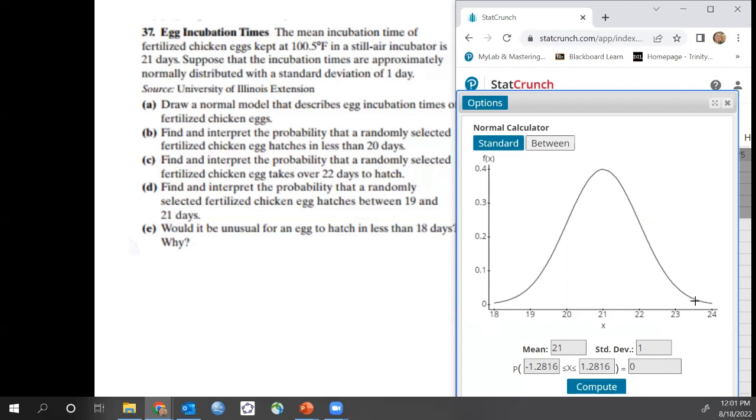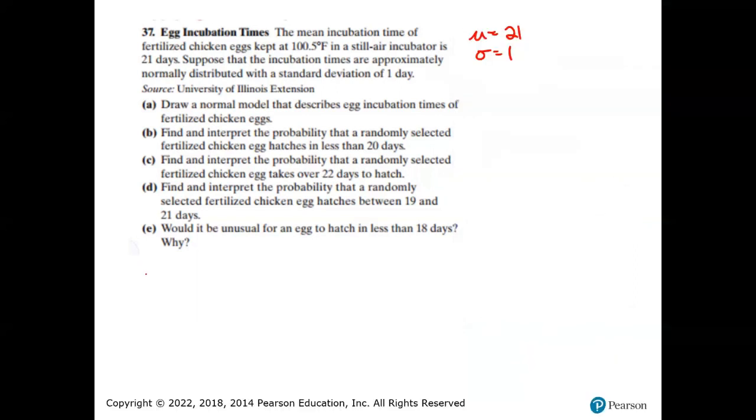So there is a normal curve. So middle is 21, up by 1, 22, 23, 24. Go back 20, 19, and 18. You can either draw that by hand or you can share the image that I just gave you there.